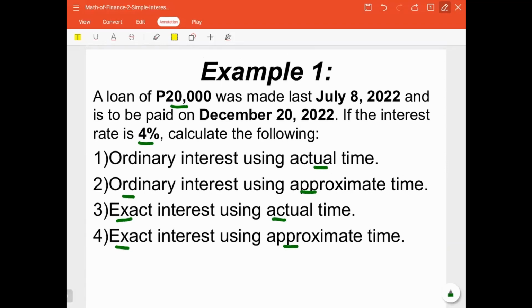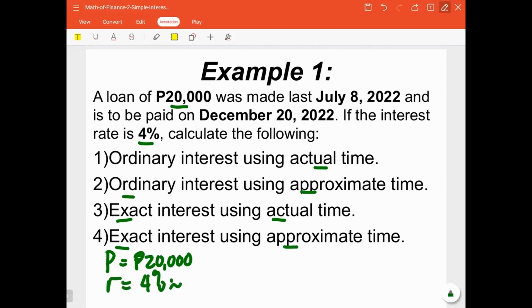Note that the given here are this 20,000 pesos, which is our principal, and we have the rate of interest, which is again 4%, which will of course be written as 0.04 in decimal form.